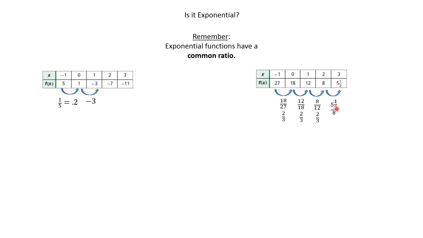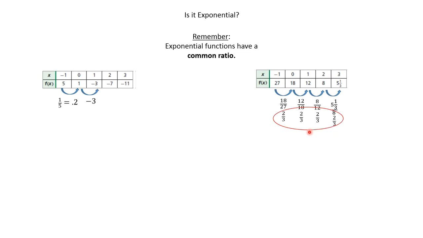We'd probably want to make it 16/3 divided by 8. You divide by 8 over 1, flip it, multiply by 1 over 8, and you do end up getting 2/3. And so this one is exponential because it has that common ratio of 2/3.